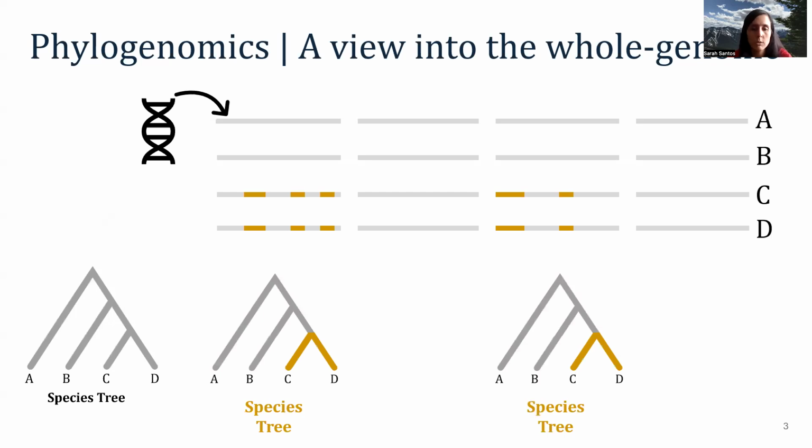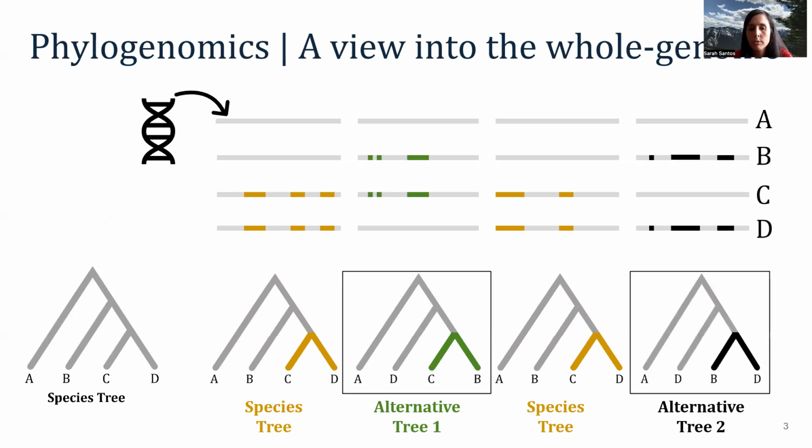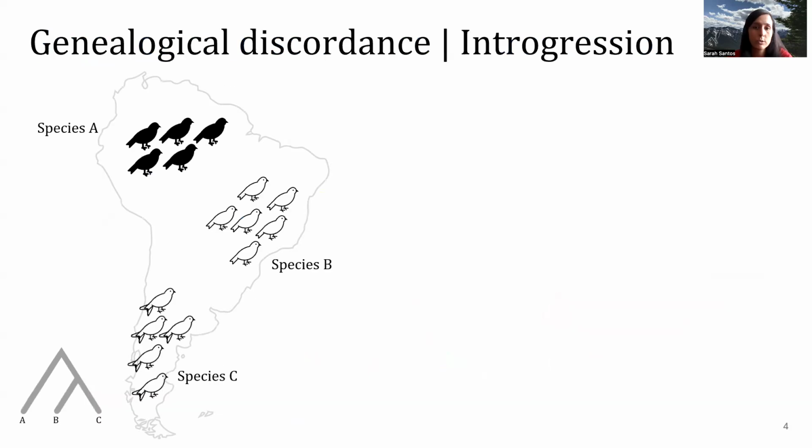So the majority of the genome will represent that topology or that tree. But we can also observe other relationships, as I mentioned before. And typically we call those alternative topologies or alternative trees. And they basically just represent a different evolutionary relationship. And that can be caused by different evolutionary forces or different evolutionary mechanisms, what we then call genealogical discordance.